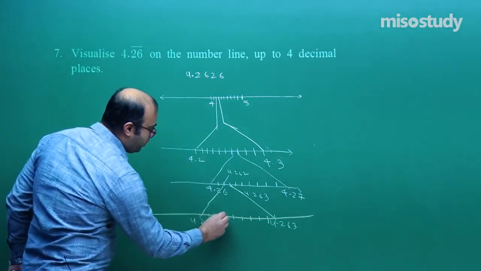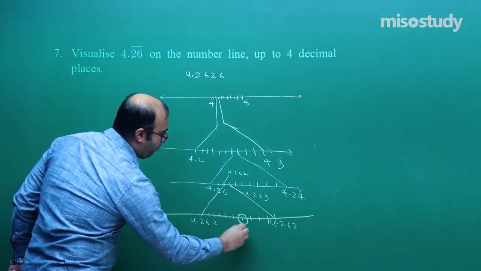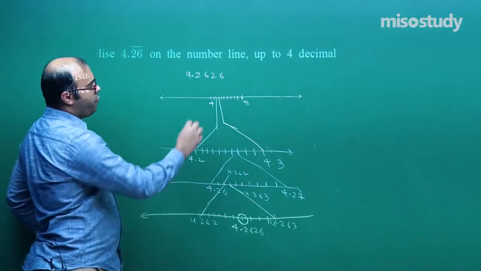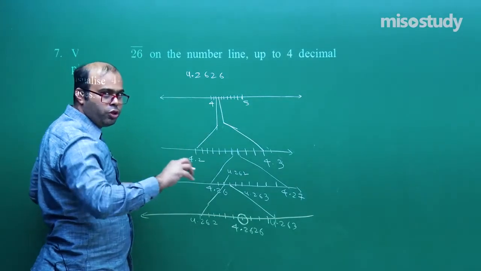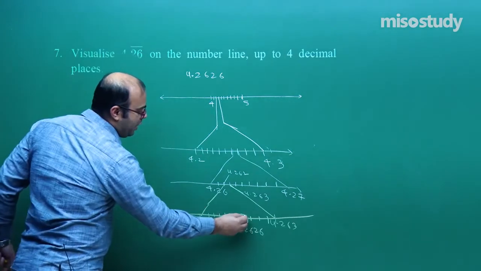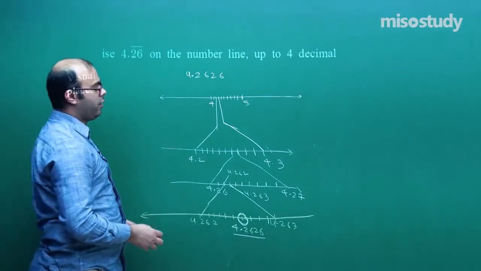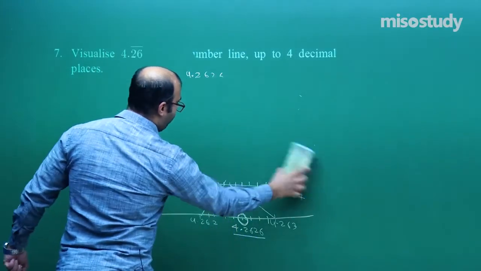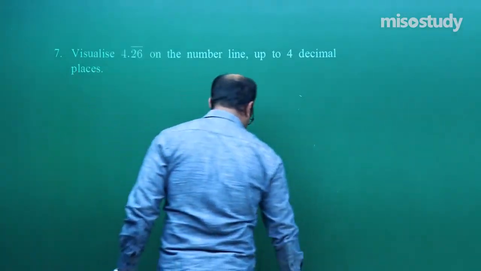So 1, 2, 3, 4, 5, 6. This point finally is 4.2626, students. So we keep on using successive magnification of that portion of the line, and we finally find that 4.2626 is lying actually here. So we had to magnify it how many times? 4 times, students, in order to find the value.